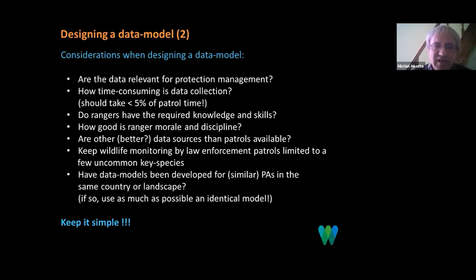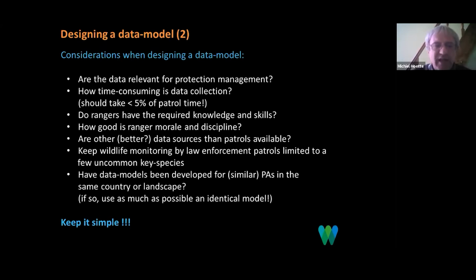That is especially true for wildlife monitoring. If there's a good science department and there are, for instance, transect counts on a regular basis and camera trap monitoring, then maybe it's not even necessary that patrol teams, who should focus on law enforcement, also collect biological data.